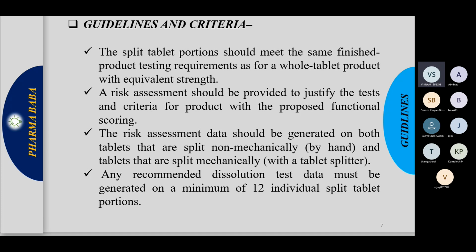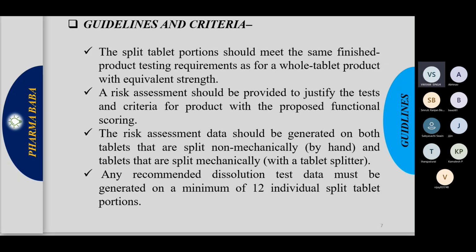The simple thing is that when you are providing scoring, your split tablet portion should be analyzed as per the specification of that split portion, the content. For example, a 50 mg whole tablet split into 25 mg should be analyzed as per the 25 mg specification. And you can make a risk assessment for some testing which are not required to be done, based on a case by case study. Okay.